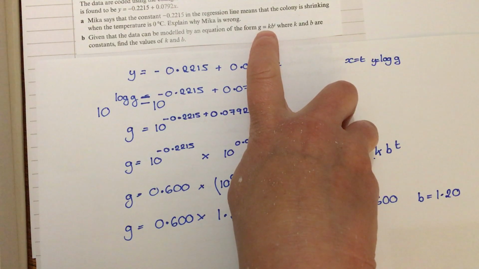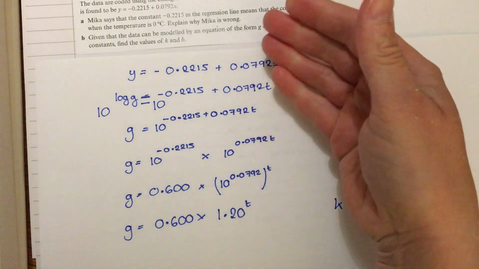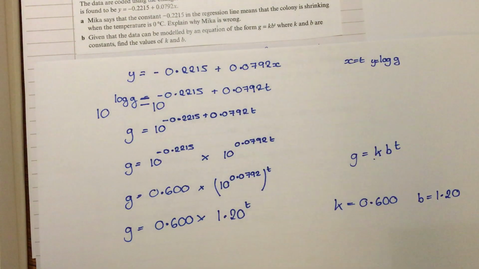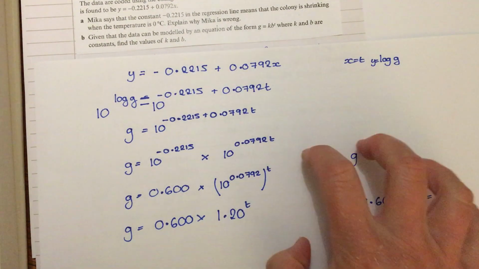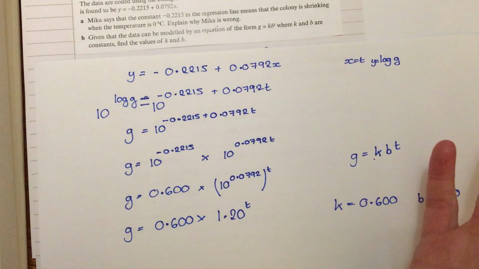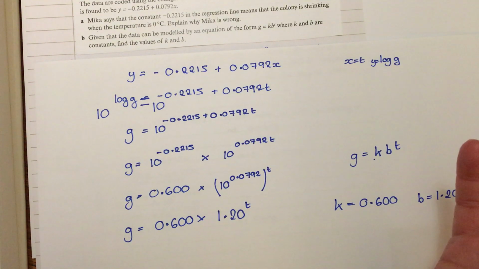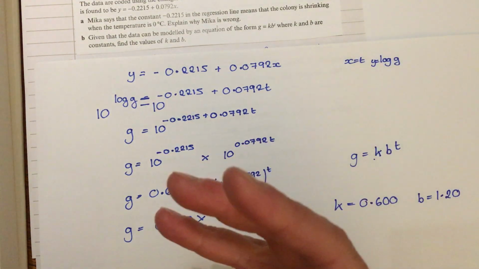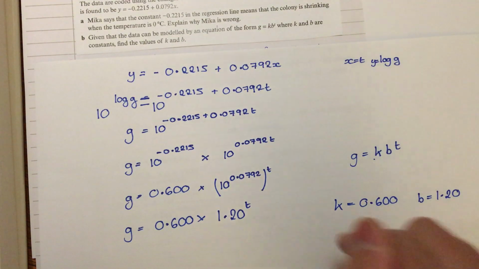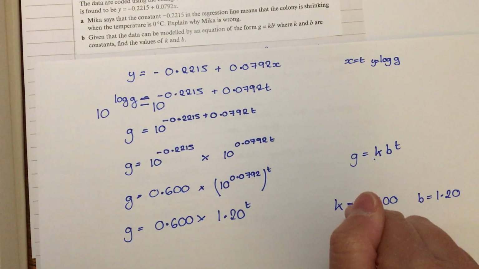It's told you it's that form, but it wouldn't matter if it was the other form, because when you worked through the question using your logs, you'll see which form it will automatically turn out to be. So please try to use your log laws and your index laws to work out which form it is and to work out the values of the constants, rather than learn those rules that were on the first page. So hopefully that will clear up where that comes from.